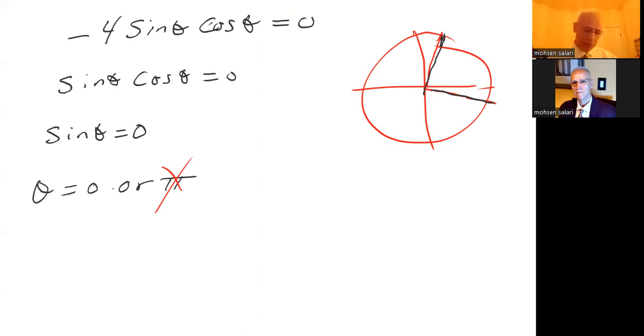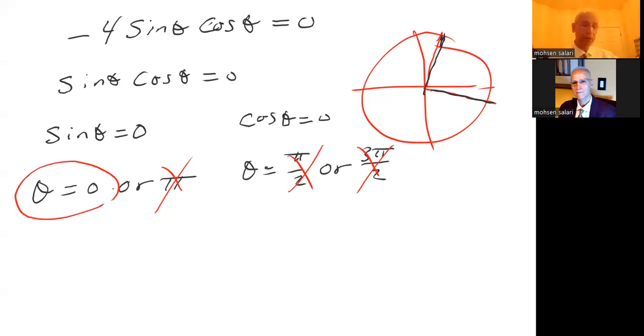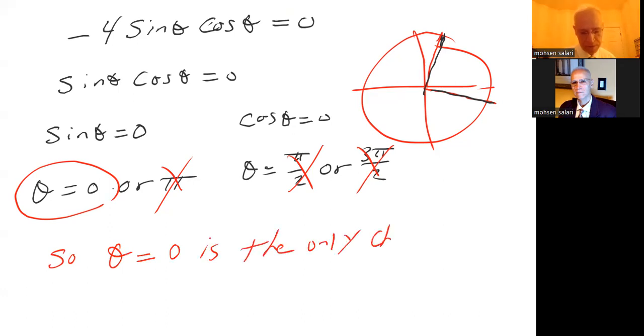And when cosine of theta equals 0, theta equals pi/2 or 3 pi/2. Neither is in the domain. So for this problem, 0 is the only choice that we have. So theta equals 0 is the only choice.